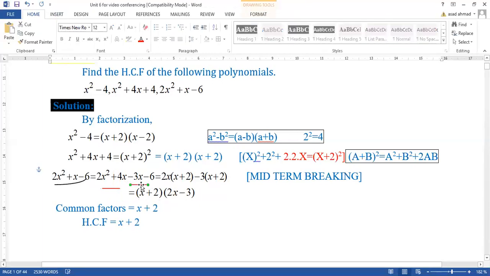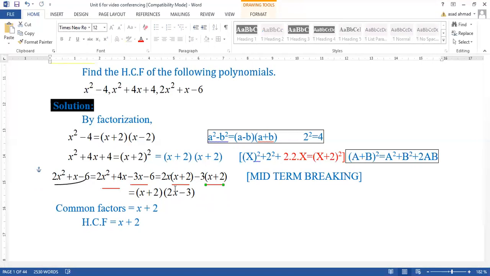From the first two parts I have taken 2x common, and from the next two parts I have taken -3 common. You can see that. Once it has been done, x plus 2 is taken as common. If I explain further, these two parts are taken as common, and in this way you get x plus 2 and 2x minus 3 as the two factors.